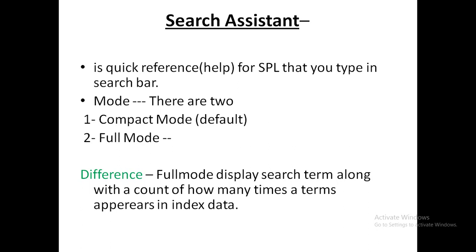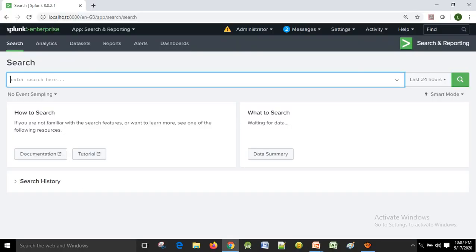When you type anything in the search bar, it populates some search terms and commands. It is like a help. Search assistant has two modes, compact mode and full mode. By default it is the compact mode. Let me show you in Splunk.